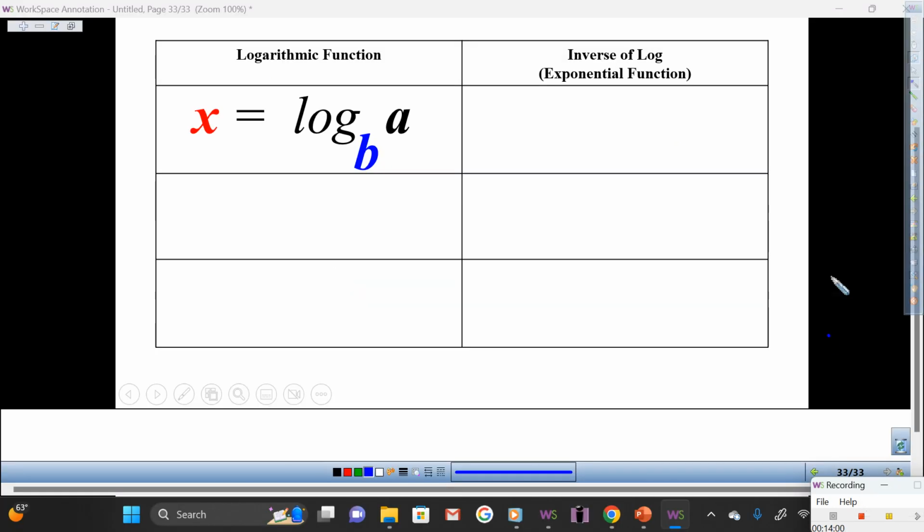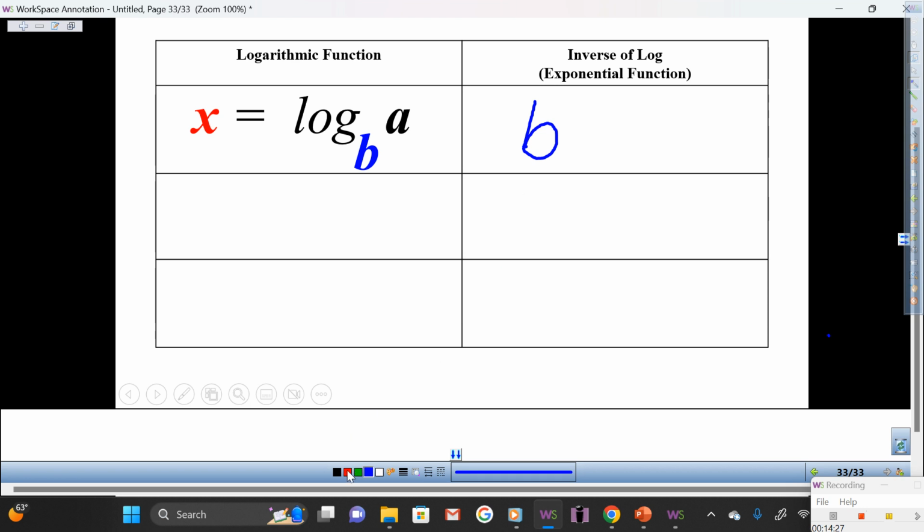All right. So here we go. I'm going to start slow. This is a logarithmic function, but according to the definition, logs are the inverse of what? Exponential functions. So that means I can rewrite this as an exponential function. What do we need to get started with an exponential function? Well, we need a base. What is my base here? b.